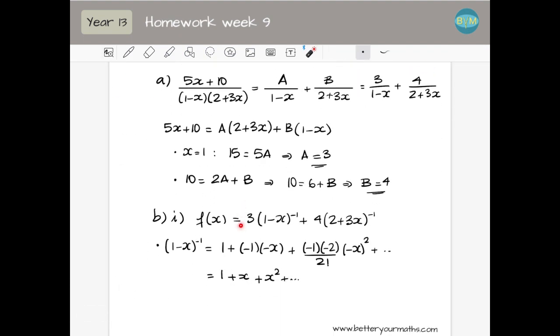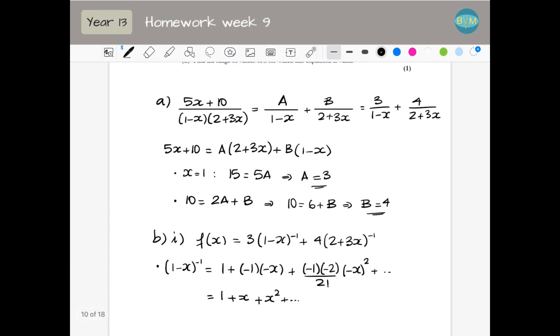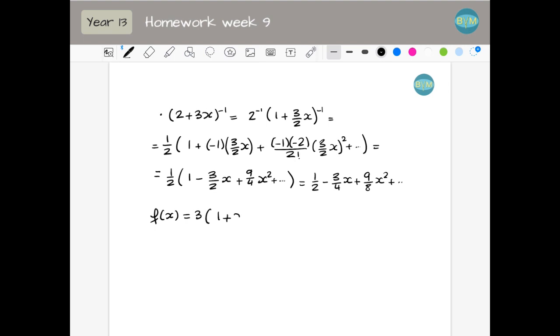f(x) is this thing here. So it's going to be 3 times that expansion, which is 1 plus x plus x squared, plus 4 multiplied by this expansion, 1/2 minus 3/4 x plus 9/8 x squared, and so on. And I expand brackets and reorganize.